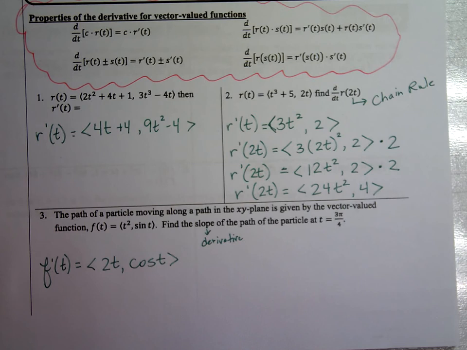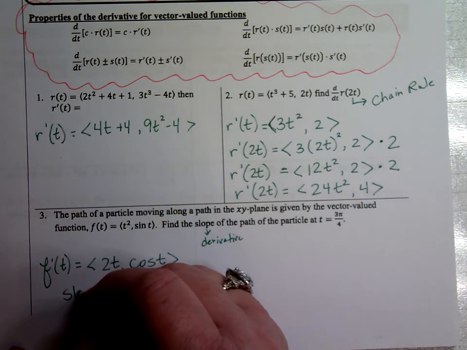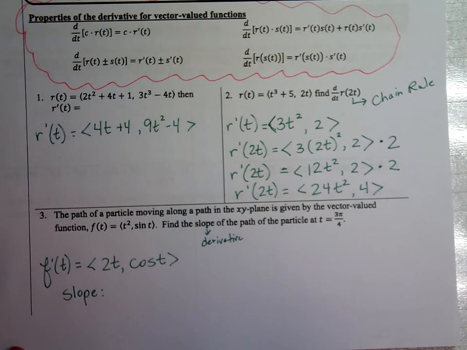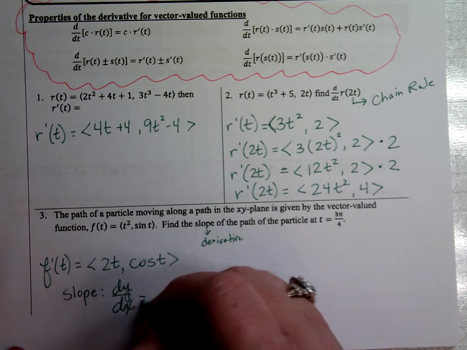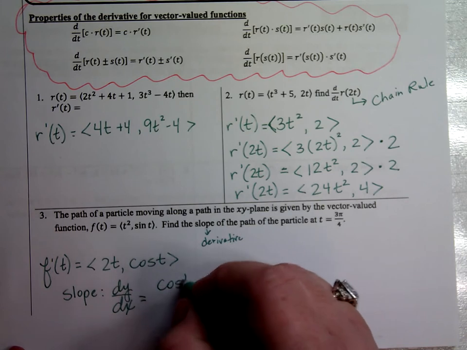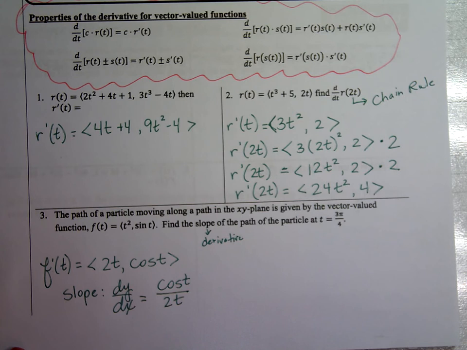So I'm going to take that derivative, but I have to remember that slope puts it into a form of the change in y over the change in x. Well, if that's the case, remember dy over dx, if I put it that way, then I have the cosine of t up top and I have 2t on the bottom.